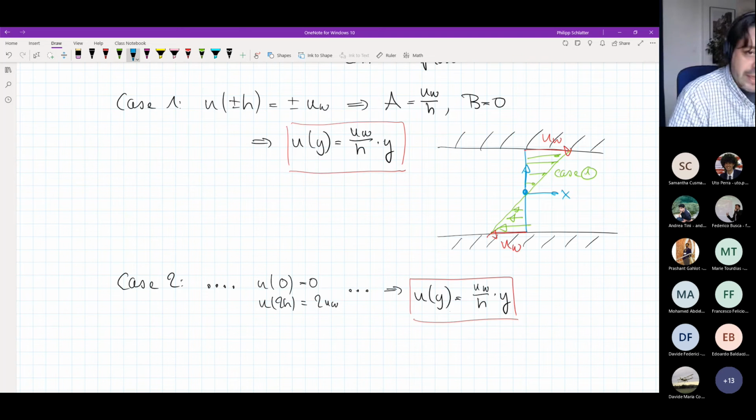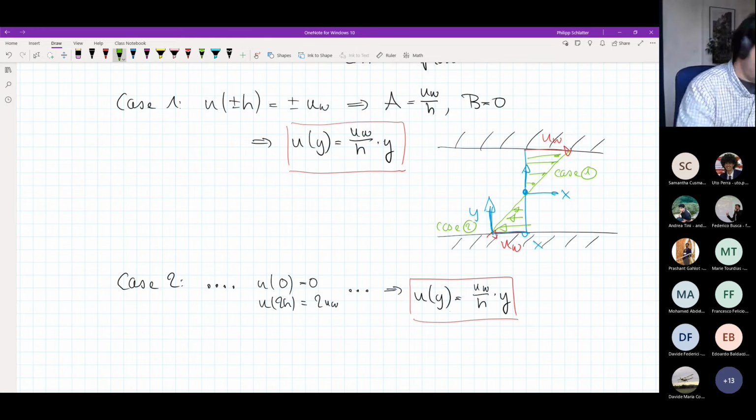So that's also for case number 2. Now, how can we understand that? Well, in case number 2, essentially the only difference is that, that's actually wrong. The only difference is that my origin of the coordinate system would be here, x and y. So this is for case 2.